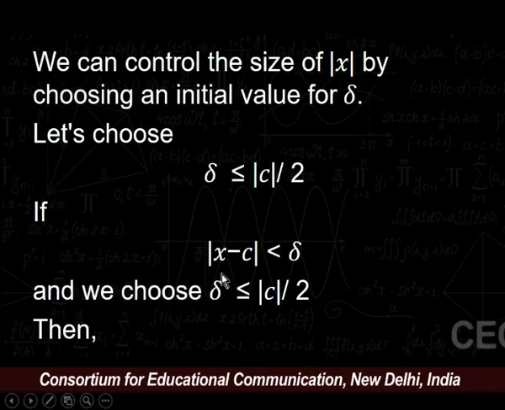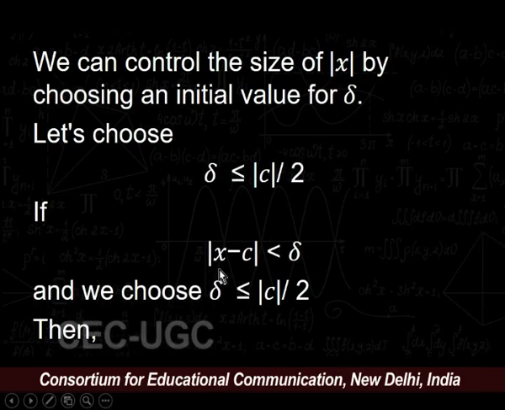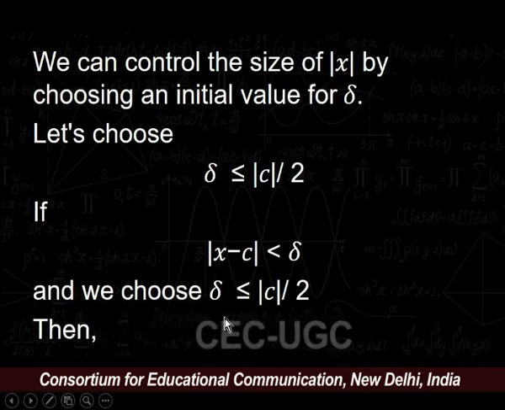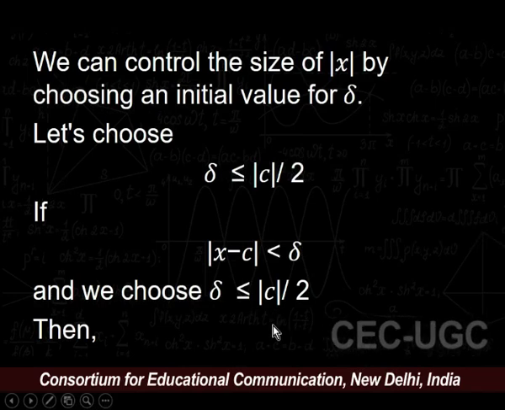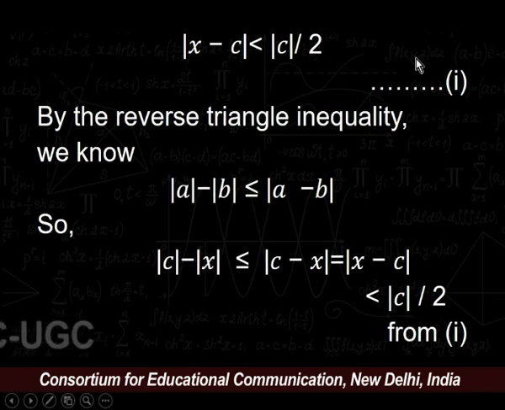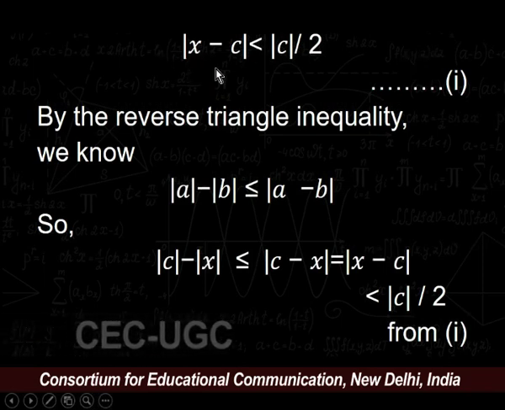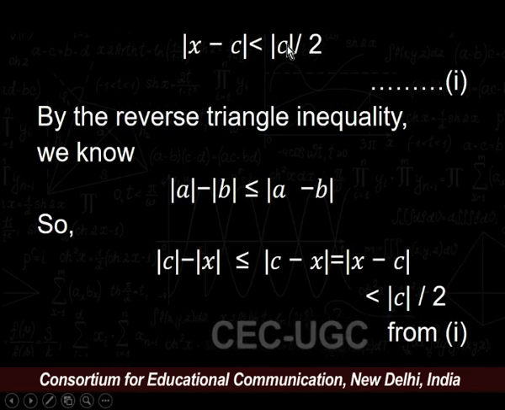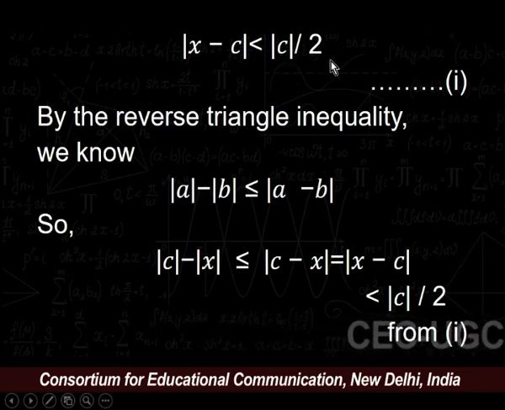If |x - c| < delta, and we choose delta less than or equal to |c|/2, then we get our equation number 1: |x - c| < |c|/2.